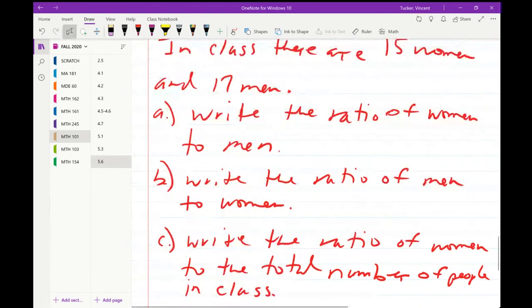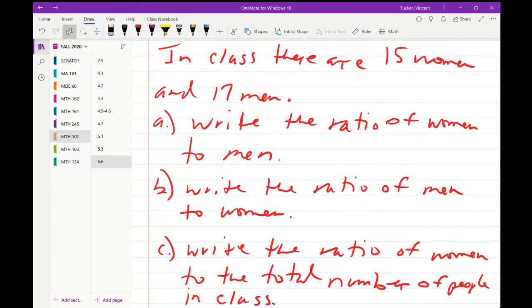All right. They start off in class, there are 15 women and 17 men, and they ask us to write the ratio of women to men. So all that is just 15 over 17. The ratio of men to women, 17 over 15.